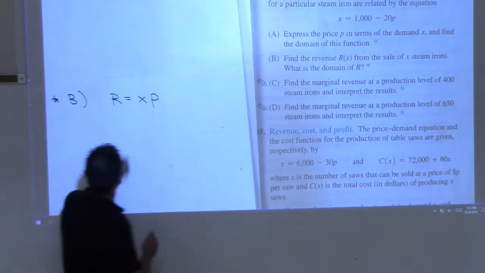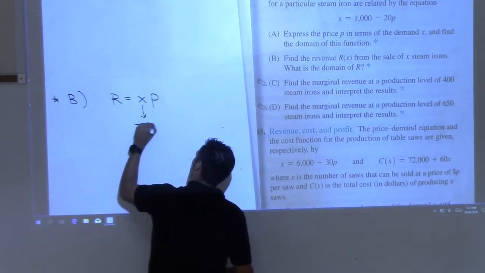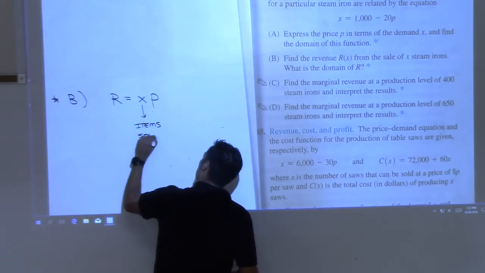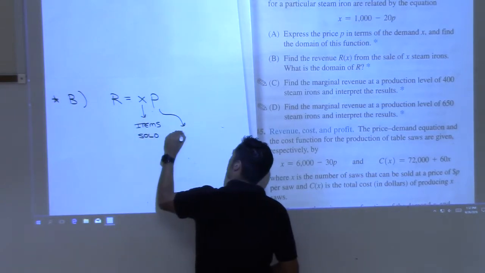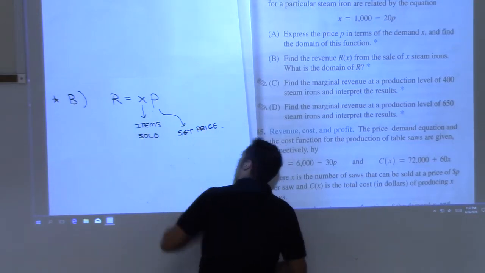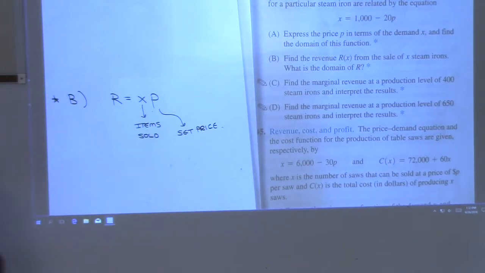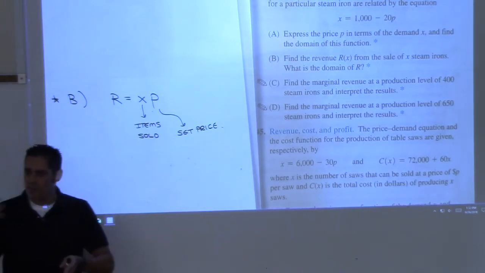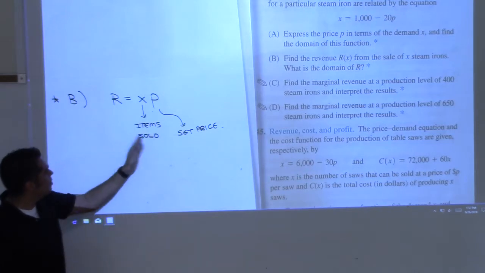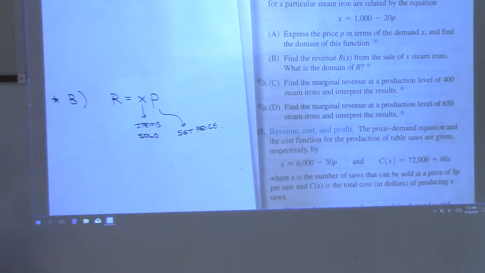So this equation is the items sold, and this is the set price. If I sell 100 iPhones at $1,000 a piece, my revenue is going to be 100 times 1,000. It's the number of items I sold times the price I sold them at. Understand where the revenue equation comes from?